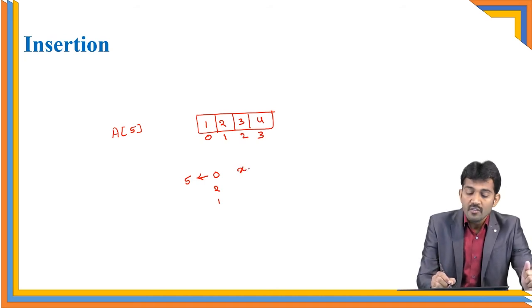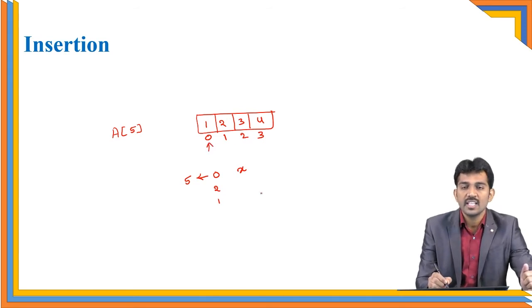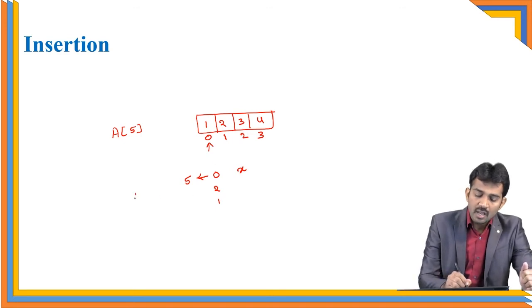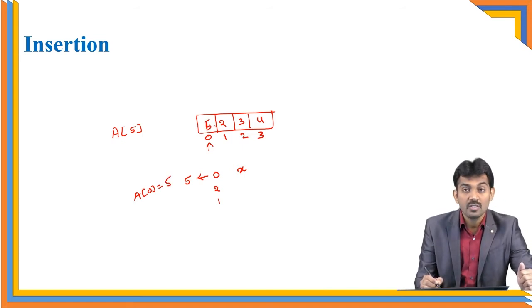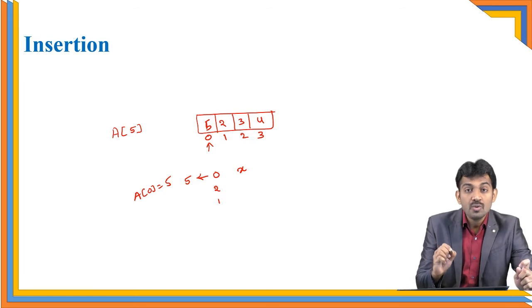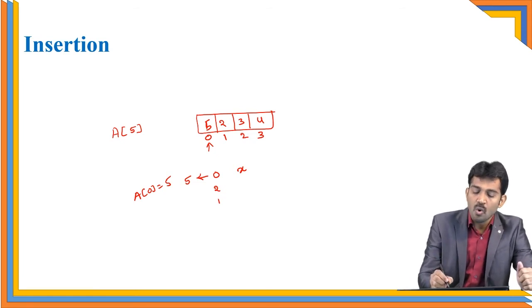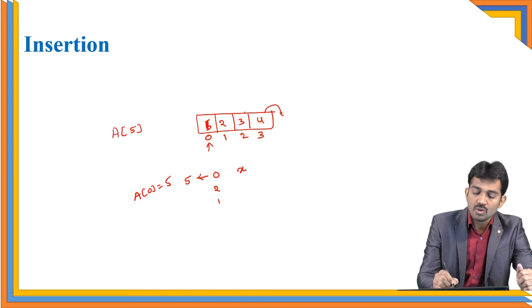What should I do? For example, if you want to insert at this index, what should I do? If you insert directly, A of 0 equal to 5 means I am going to replace this value. But that is not my task. What is my task? I want to insert the data. I am not going to replace the data. So instead of writing this, first I should move these data items toward the end of the data.